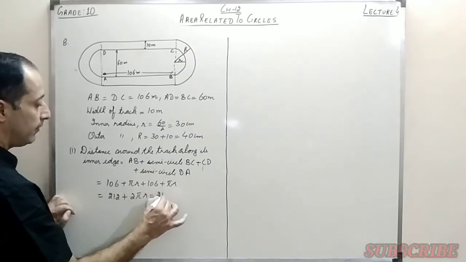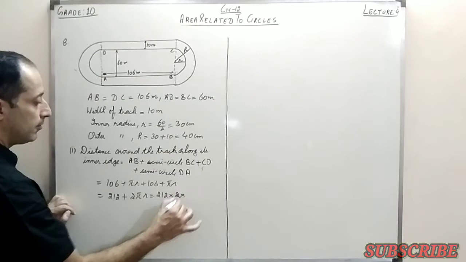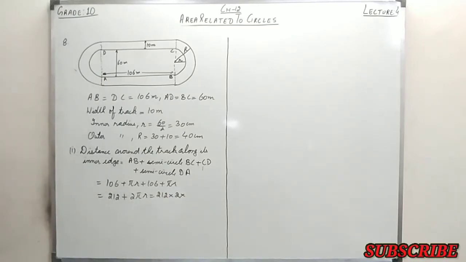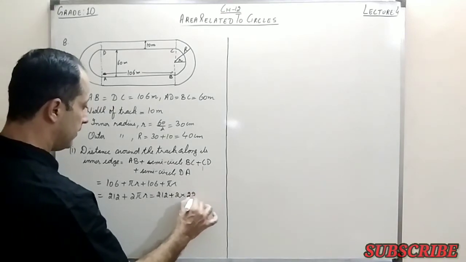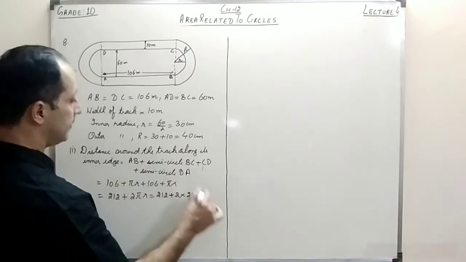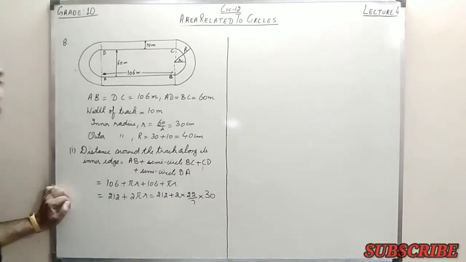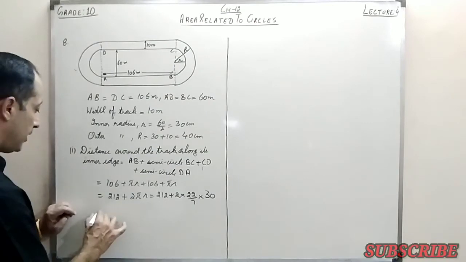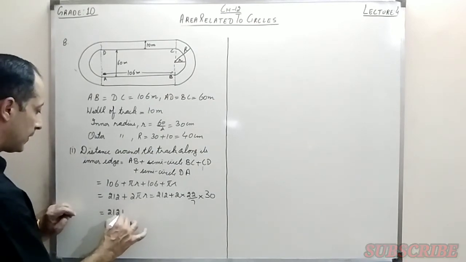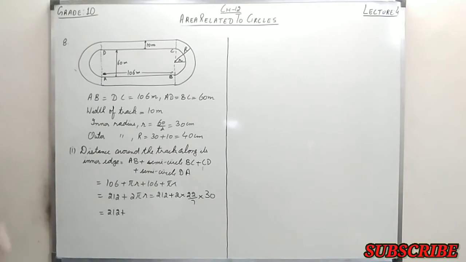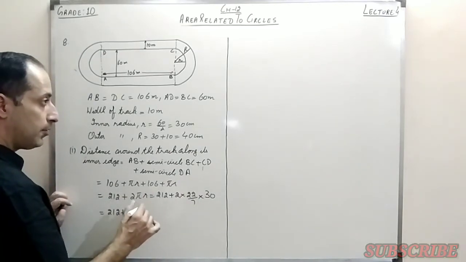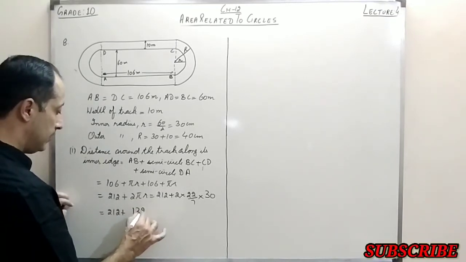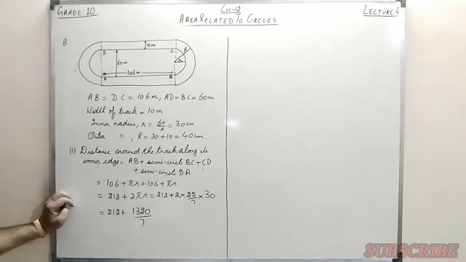So this is 212 plus 2 into the value of pi, okay, we have to take 22 by 7 only, and into radius is 30 because we're taking the inner radius. So this is 212 plus, multiply this, we get it as 44 into 3, this is 132. This is what we get. Take the LCM here.